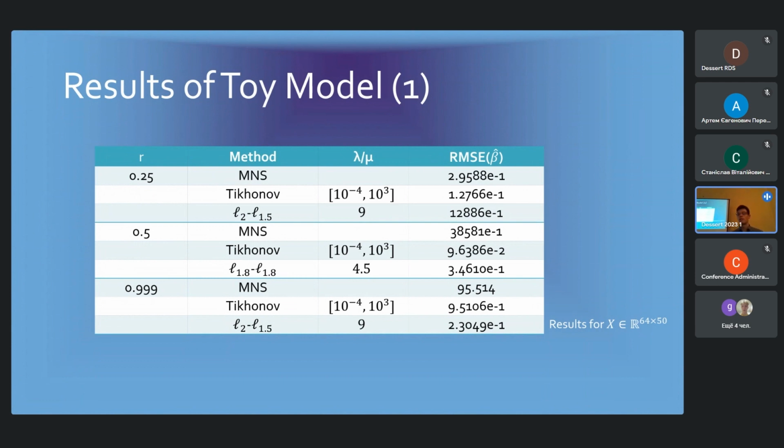For example, in this overdetermined case, we can see that MNS is unsatisfactory, unacceptable for 0.999. However, when we observe the 64 by 1000 data matrix, the MNS is very satisfactory, and any regularization is proven not required.